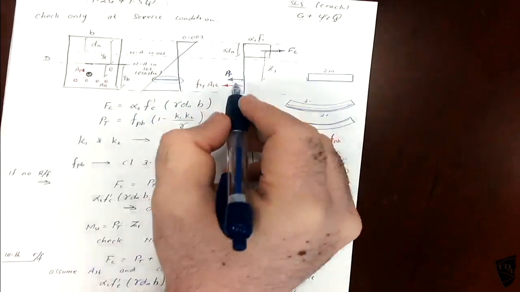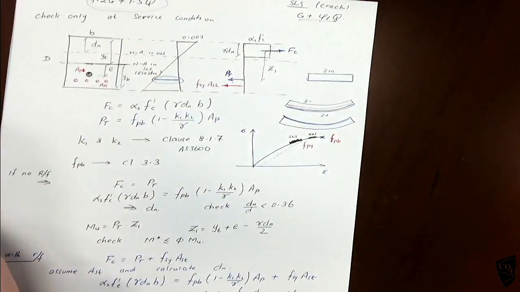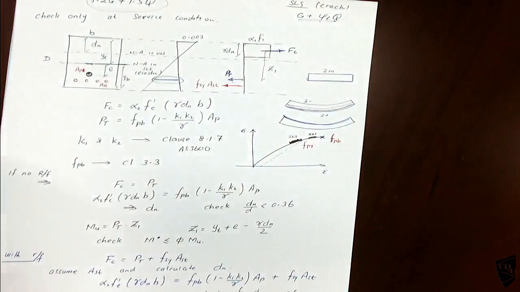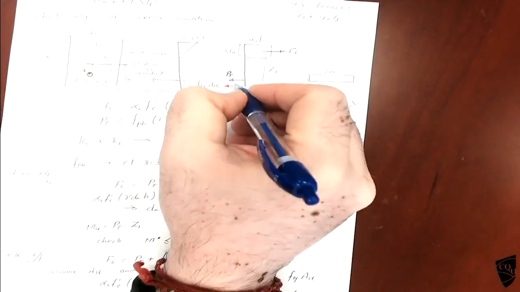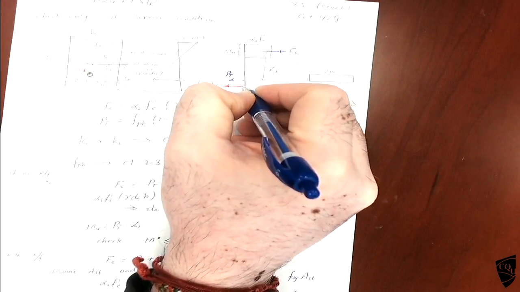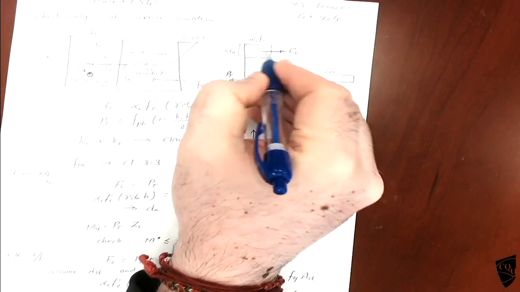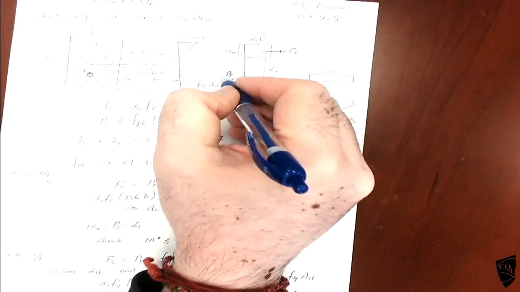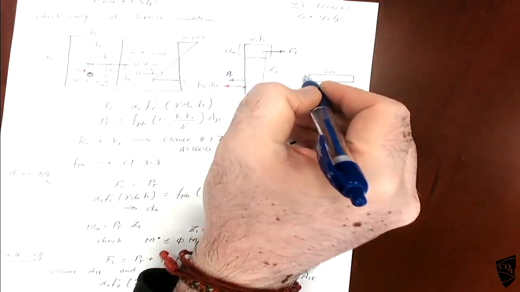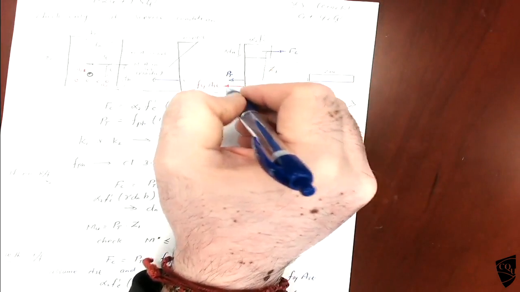So now how to find out the moment? Easy way is to take the moment from here or there. Okay, so I take the moment from here. So this one will rotate this way, this one will rotate that way.